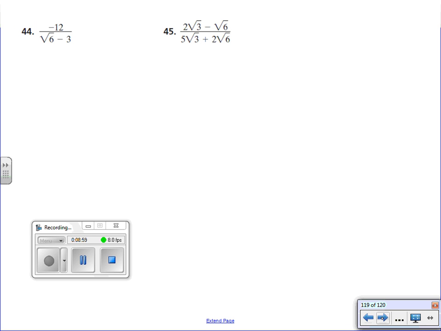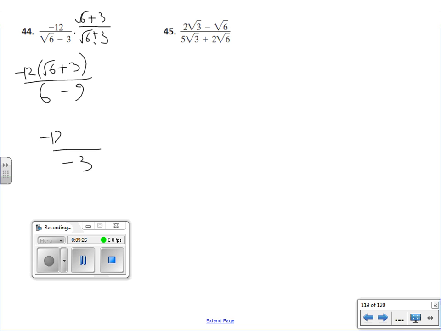Okay, so again we're going to multiply by the conjugate, which is root 6 plus 3. So the bottom goes to 6 minus 9, because 3 squared is 9. And up here we have negative 12 times root 6 plus 3. 6 minus 9 is negative 3.